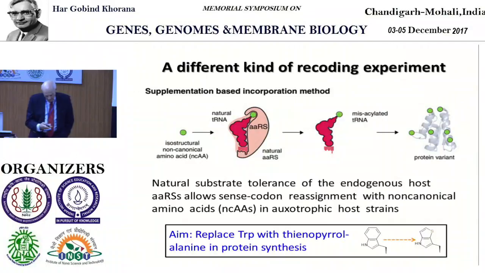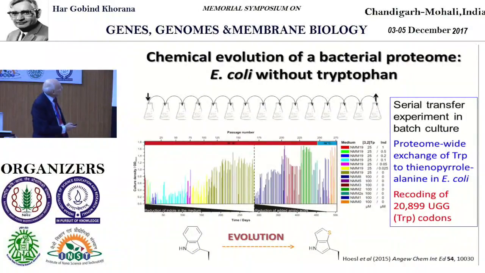To make the long story short, this was simply done by a serial transfer experiment in batch culture, which after 280 transfers, and doing some miracles with what you give the strain to grow on, gave a proteome-wide exchange of tryptophan for this thienopyrrolylalanine in E. coli. The cell itself grows only 10% slower than wild-type E. coli. And so basically this has happened.